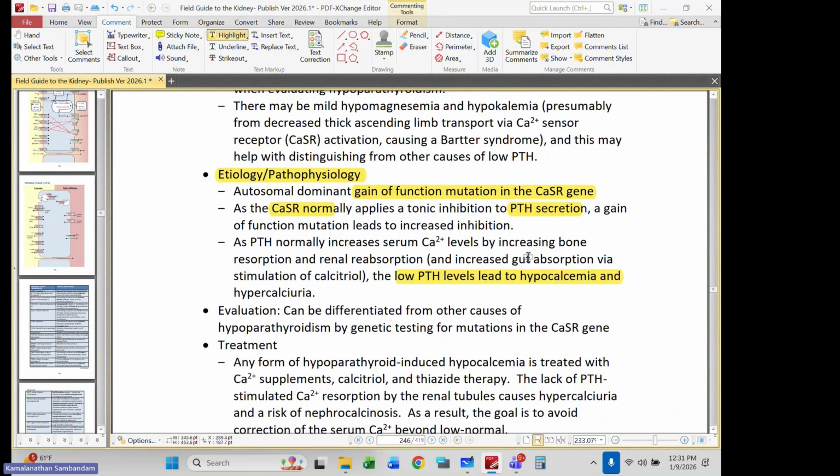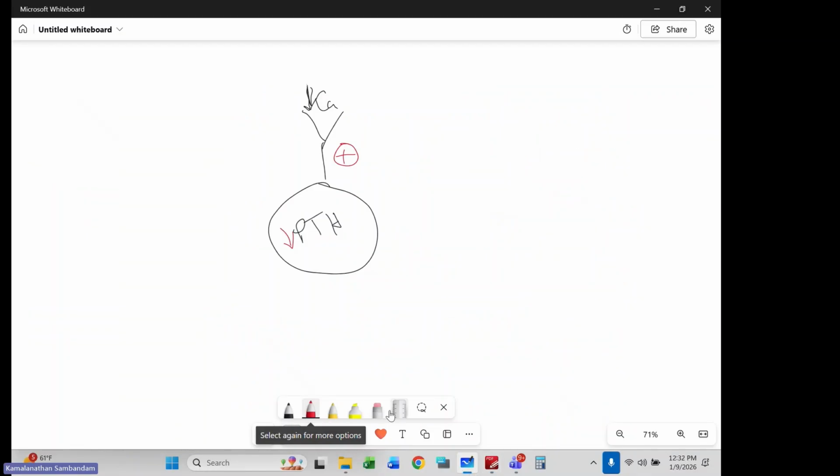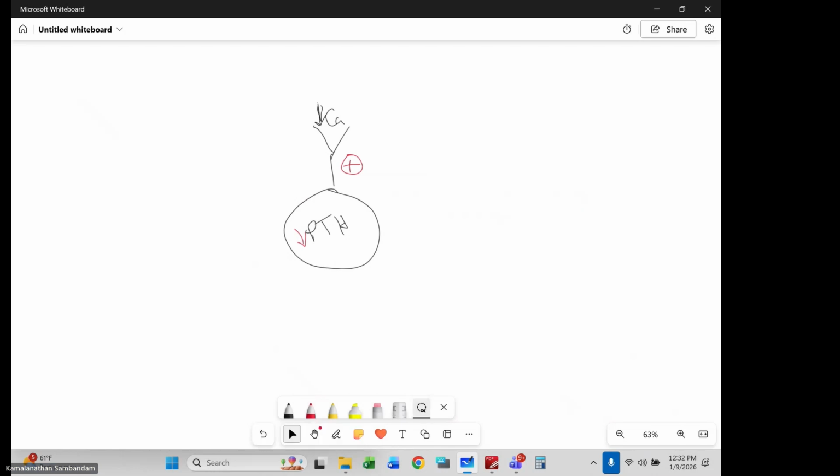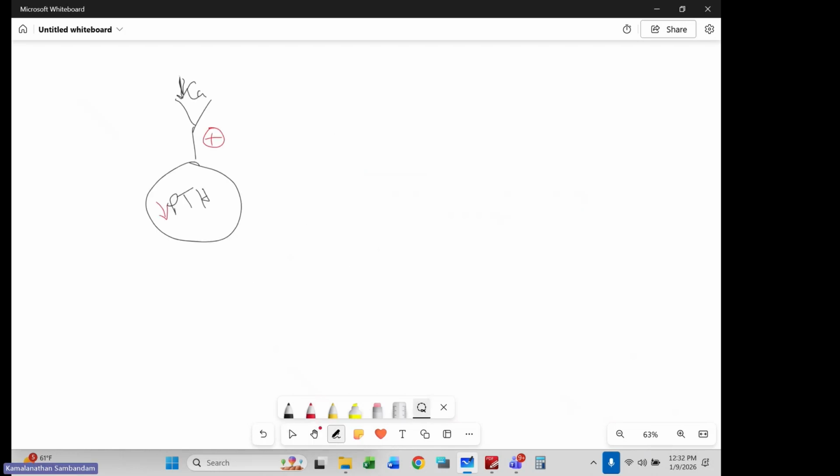We will talk about this feature, hypercalciuria. I suppose I need to create the building blocks for this, and this will revolve around some of the conversation we've had previously for FHH, right? So what does a gain of function mutation of the calcium sensing receptor do with tubular transport of calcium?